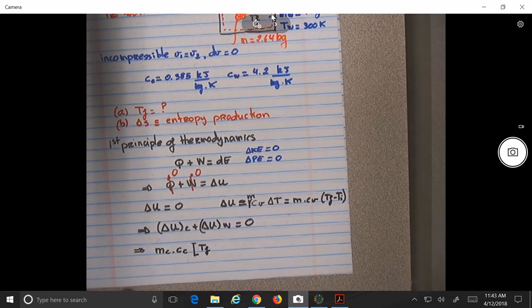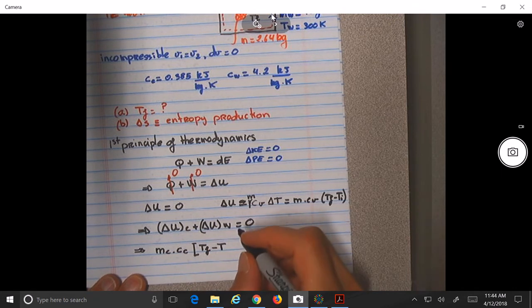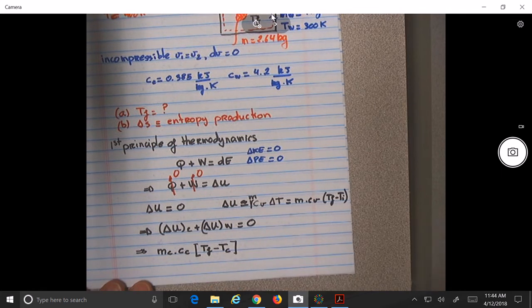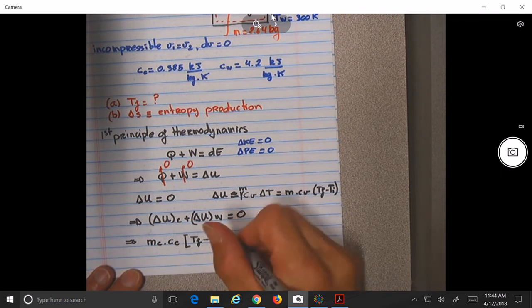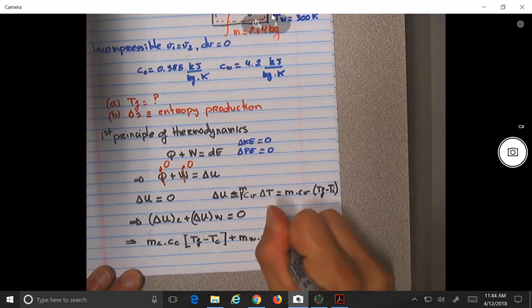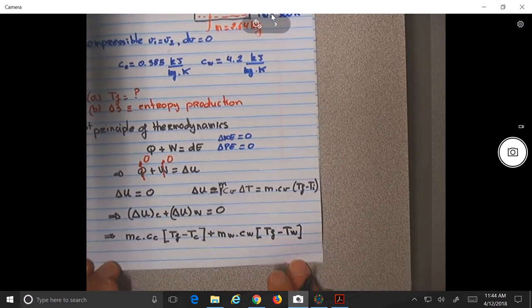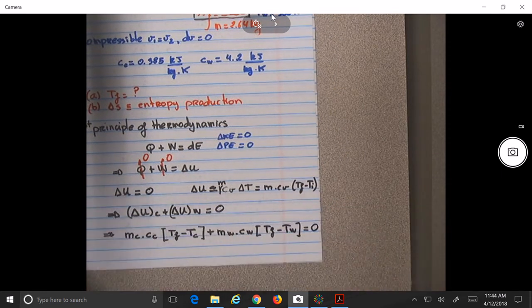And the initial temperature of the copper, I call it T sub C, is that correct? Yeah. T sub C, plus the total change in internal energy of the water, which is M water, C water, T final minus T water. All this should be equal to 0.